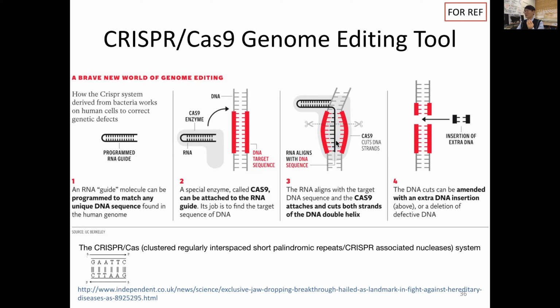When it aligns with the target DNA sequence, the Cas9 enzyme will cut both strands of the DNA double helix, and this can then be amended with extra DNA of our interest to insert, or to delete defective DNA. So this is a precise gene editing tool which has potentially revolutionized our biomedical research.